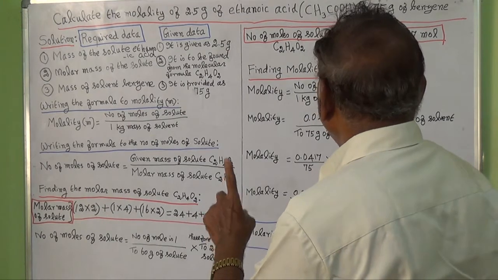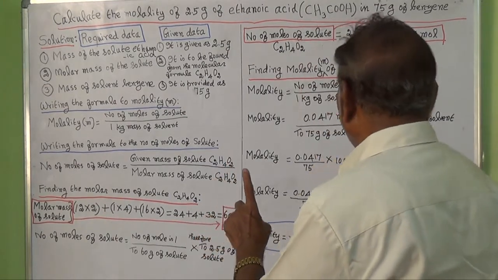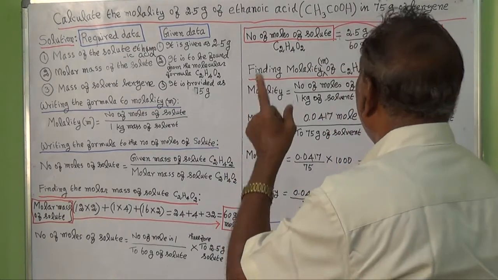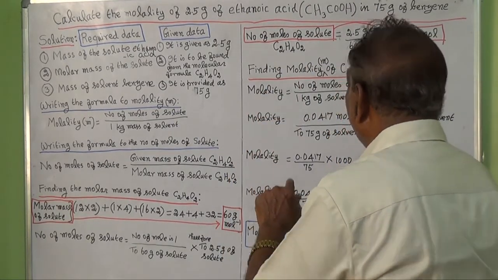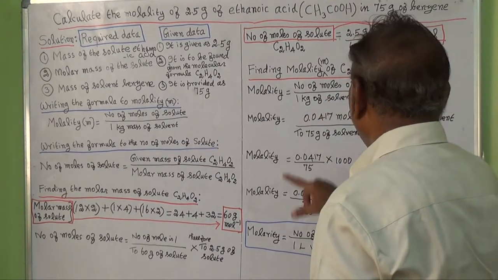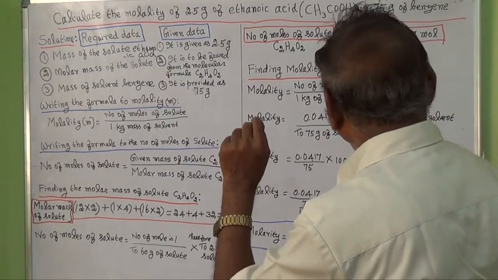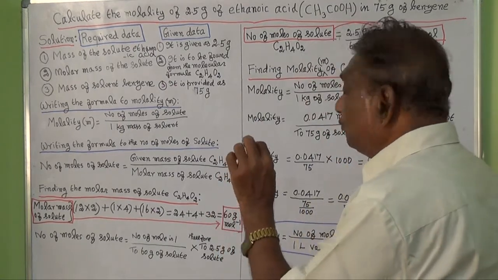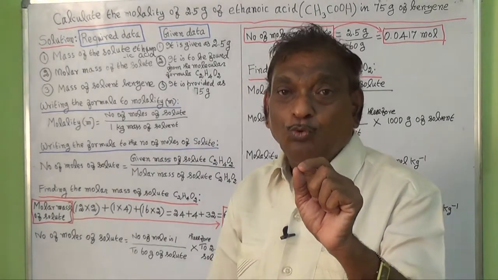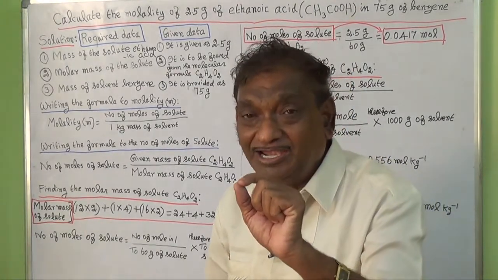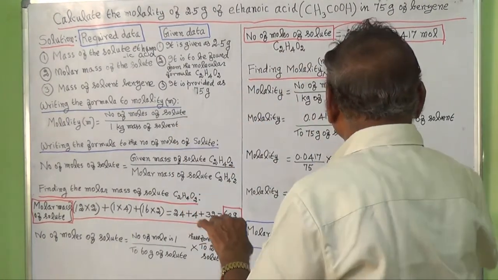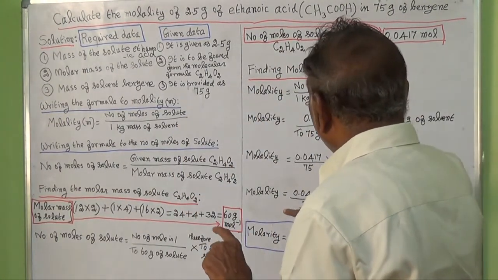The meaning of this equation is, if the mass of the solvent is 75 gram, the number of mole dissolved is 0.0417. But in order to find the molality, we have to find the number of moles dissolved in 1 kilogram of solvent. The 1 kilogram is converted into gram. Why?